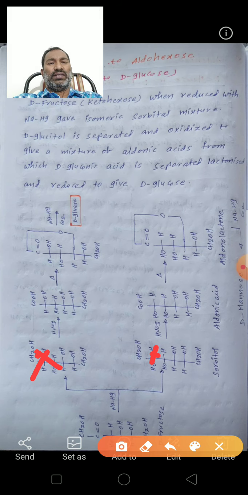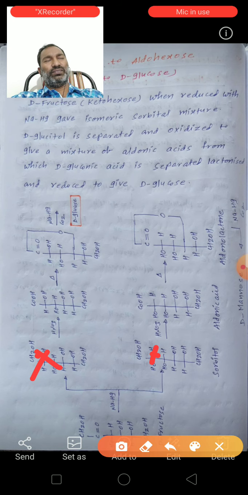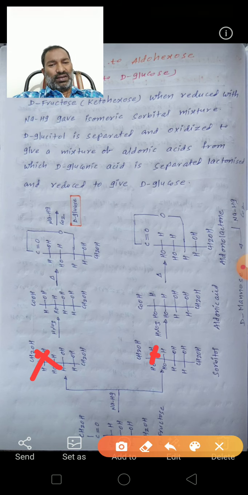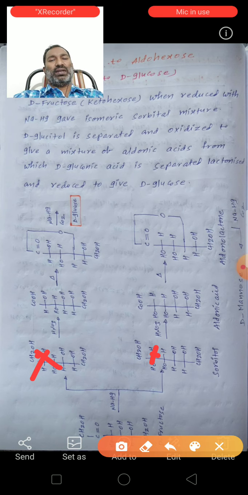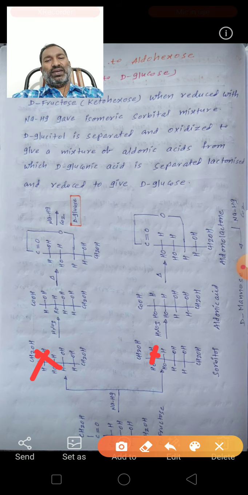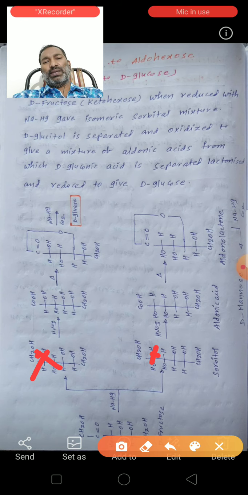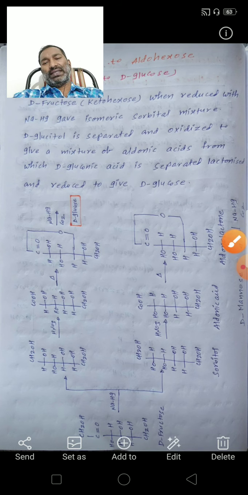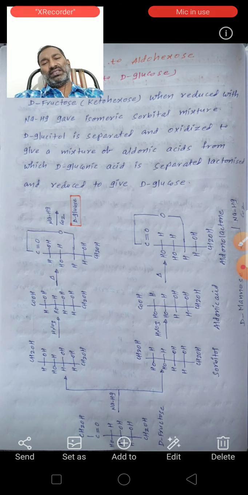The configuration of all the remaining carbons is the same, only the second carbon configuration differs in the sorbitol mixture.